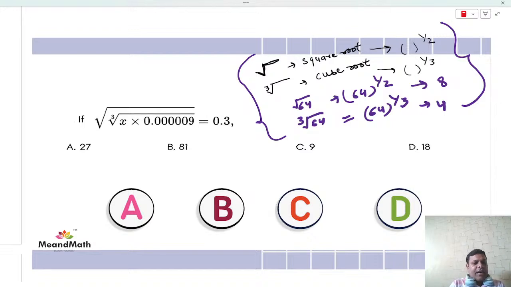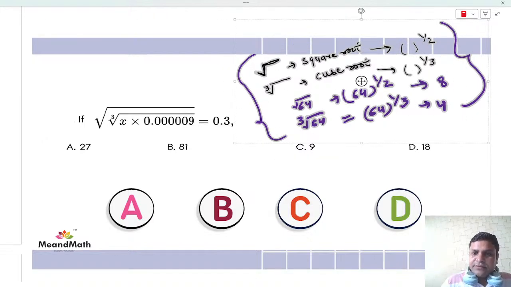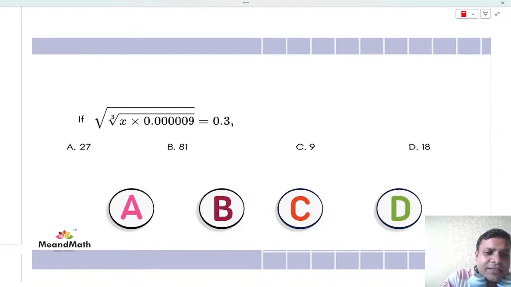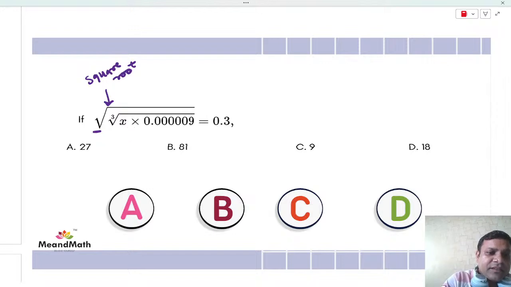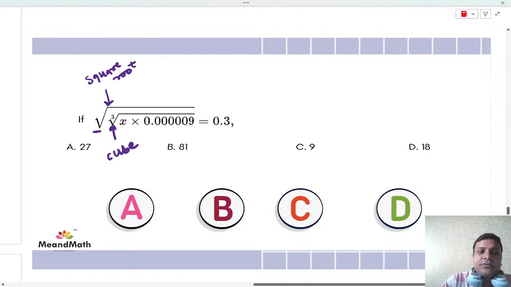Listen again. If you want to remove square root in an equation, then do the square on both sides, in RHS and LHS. If cube root is there and you want to remove it, then do cube on both sides. I'll explain it again after this question. Okay, now look at the question. First symbol is square root, and the next symbol is cube root. सबसे ऊपर कौन सा है?